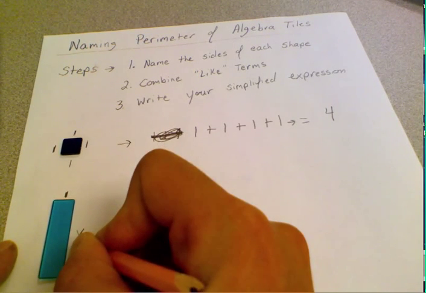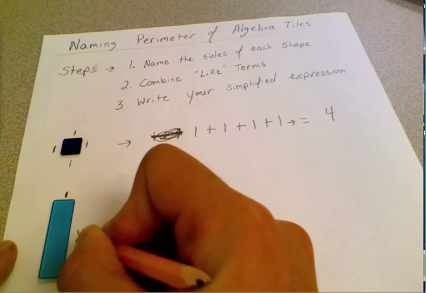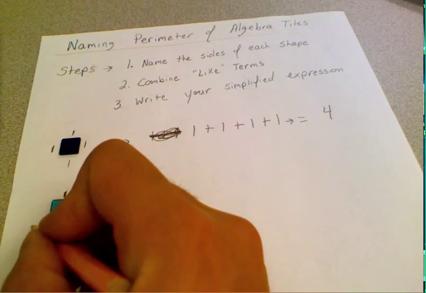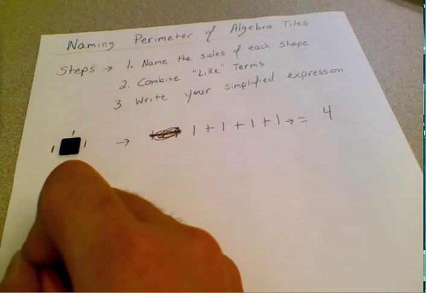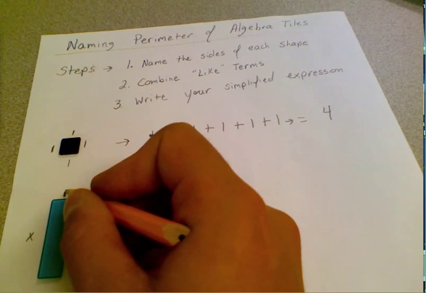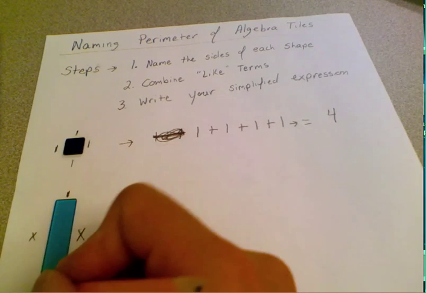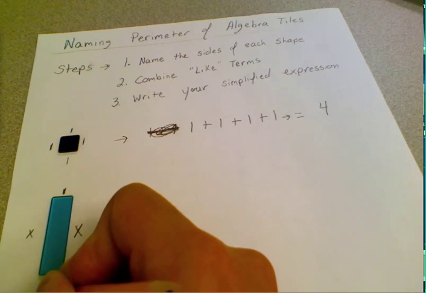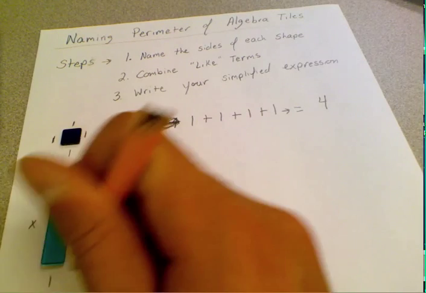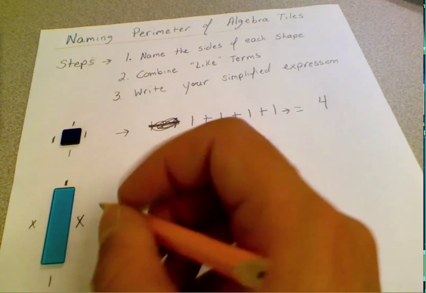We don't know what this is, so we label it x. If the right side of the tile is x, then the left side of the tile is also x. If the top side is 1, then the bottom has to be 1. So now I have named all my sides of my x piece.